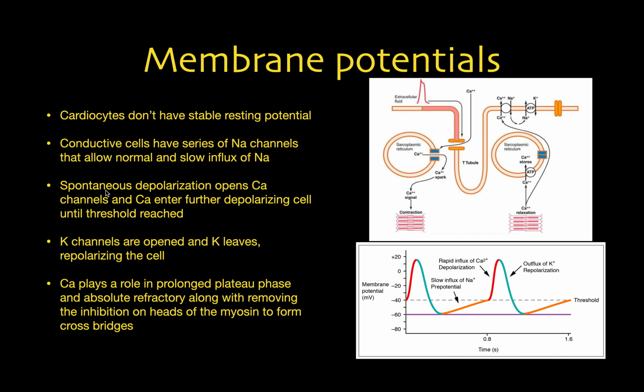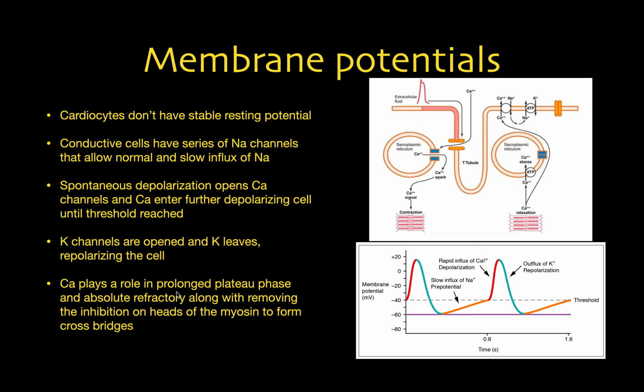So there's like a pre-depolarization, and then when the calcium enters, there'll be a full depolarization. Once that has reached the threshold, the potassium channels are opened, and the potassium leaves, repolarizing the cell.